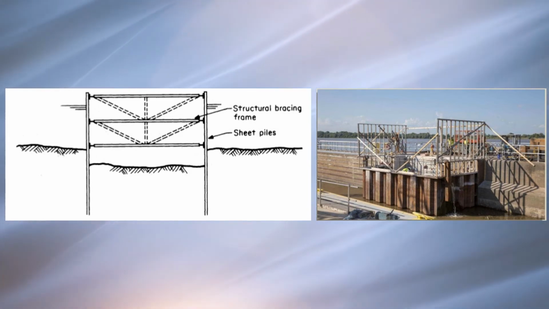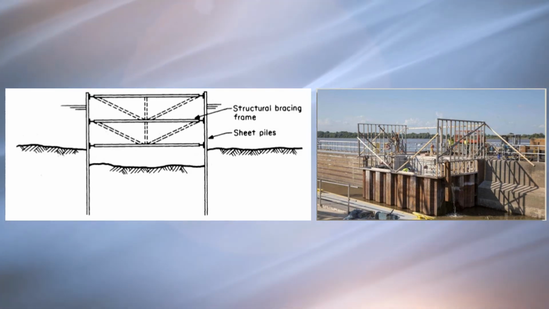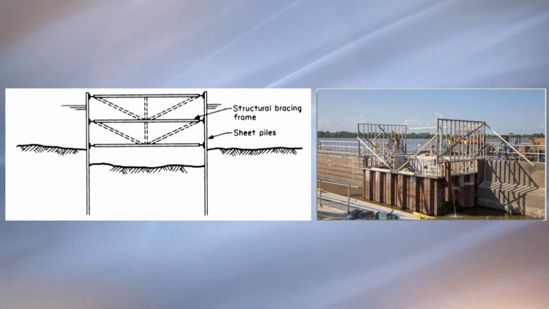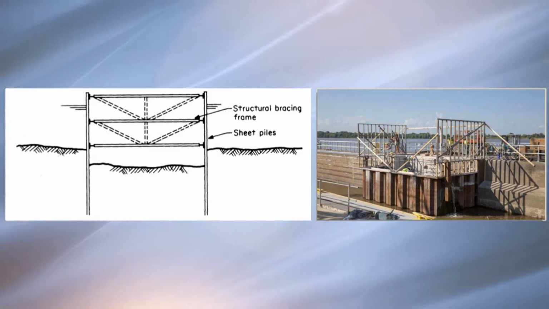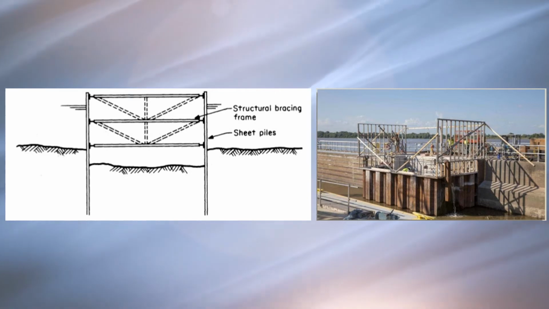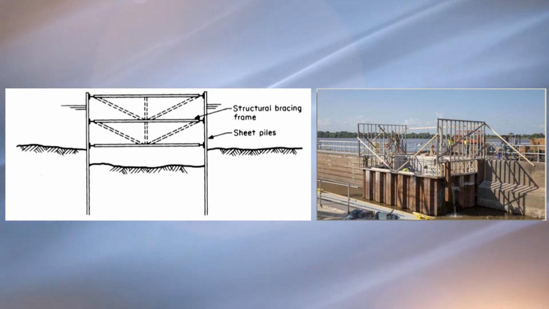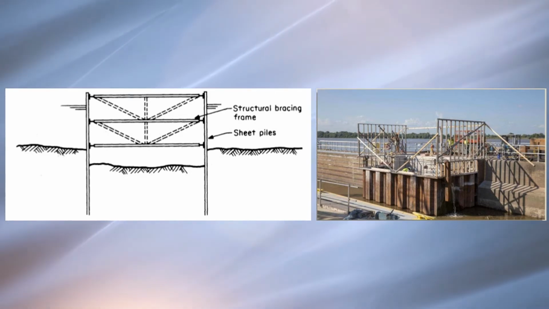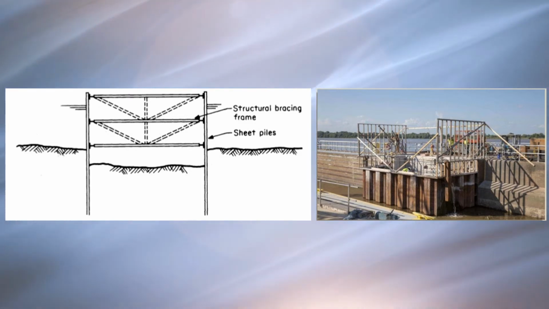The structure inside may be founded directly on rock or firm soil or may require pile foundations. In order to dewater the cofferdam, the bottom must be stable and able to resist hydrostatic uplift.